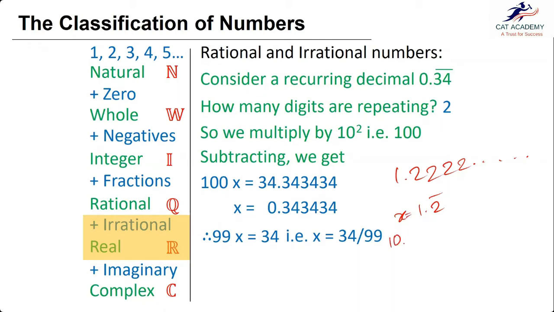So 10x is equal to 12.222. Either we write 12.2 bar, okay? Take a difference. So 9x is equal to 11. x is equal to 11 upon 9.